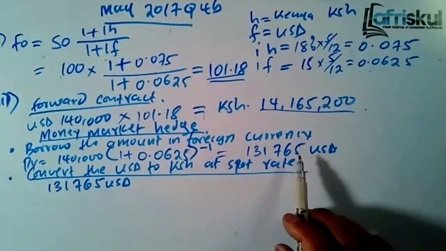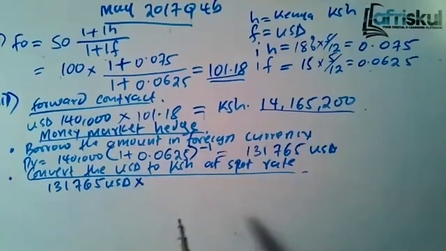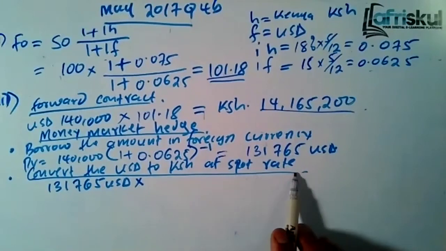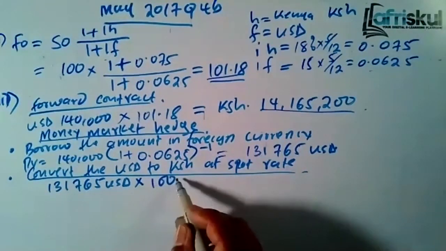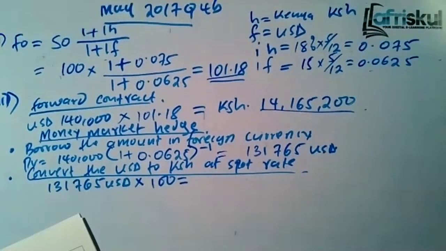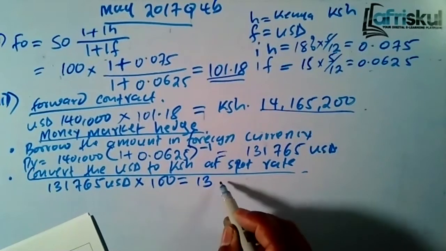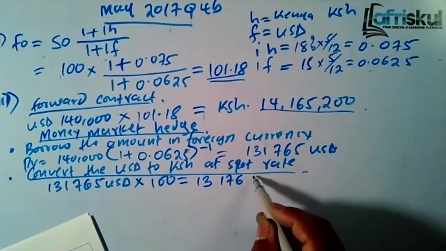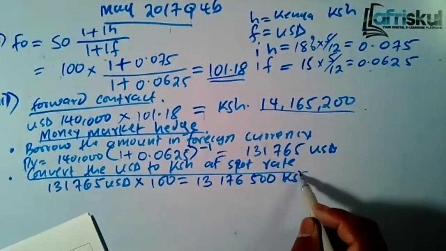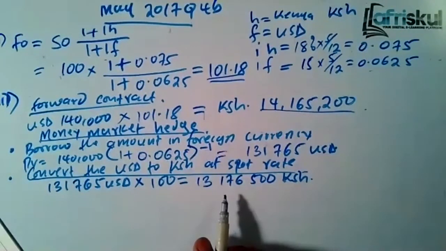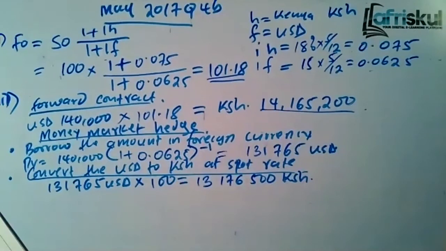You convert them into Kenyan shillings at the spot rate, and the spot rate is 100. So by that, you'll get 13,176,500 Kenyan shillings.